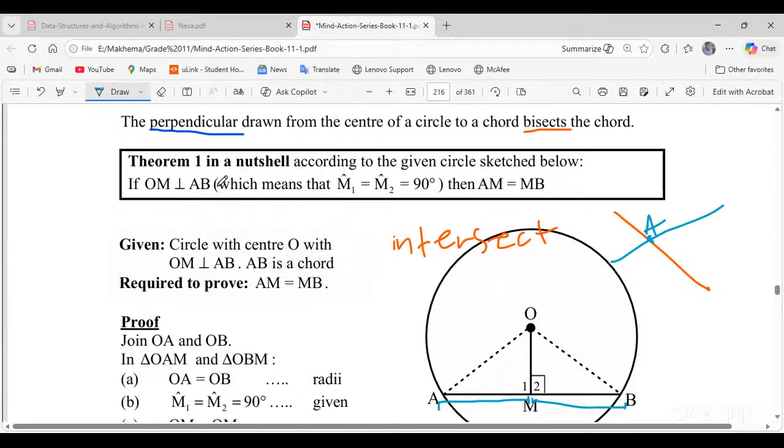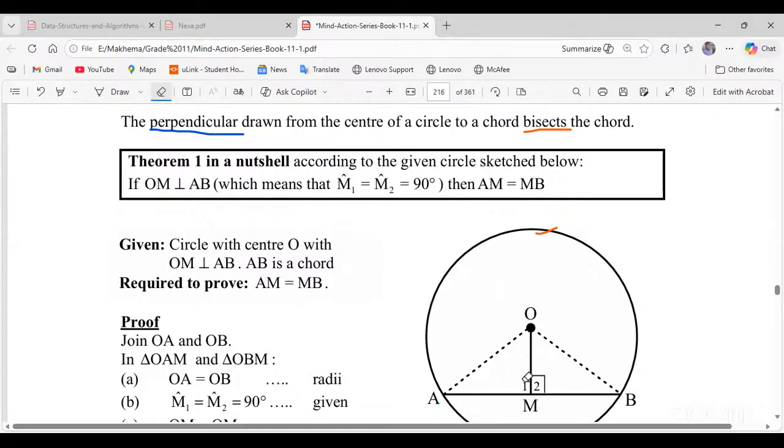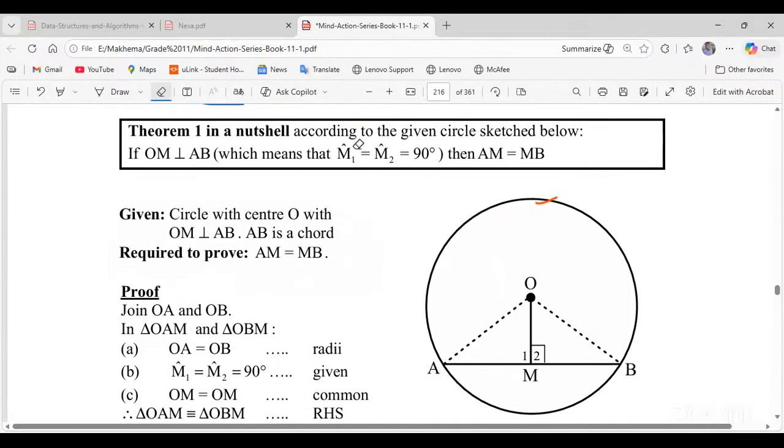According to the given circle sketched below, if OM is perpendicular to AB, this is the sign for perpendicular, which means M1 is 90 degrees and M2 is equal to 90 degrees. Those angles are right angles.